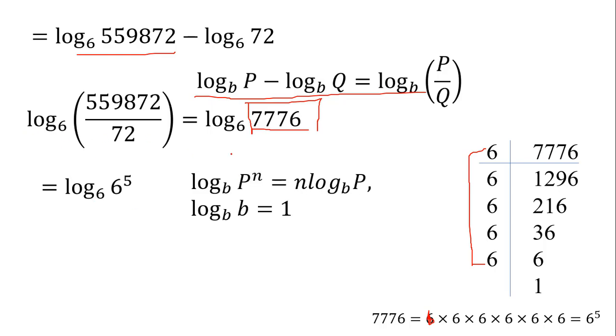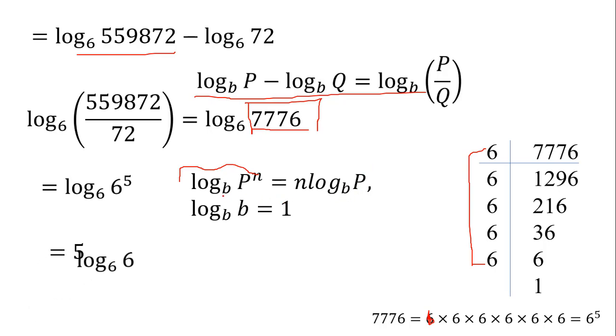The rule says that the logarithm of p raised to power n to base b equals n times the logarithm of p to base b.